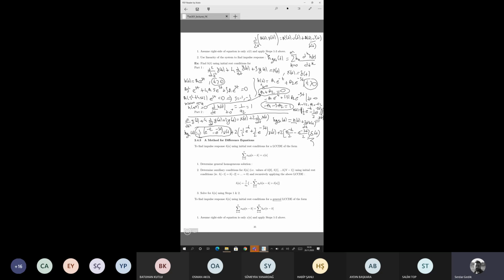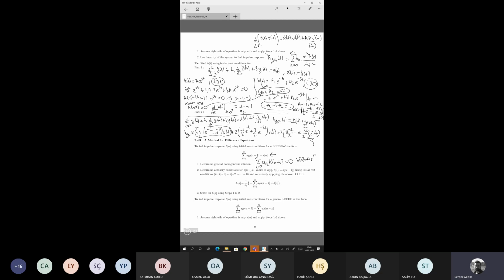I have this here, so I will assume that first I will solve the homogeneous one. It is simply summation k from 0 to n of a_k h of n minus k is equal to 0, and this has the form h of n is equal to a times r to the power n. Actually, you can omit this a_k.